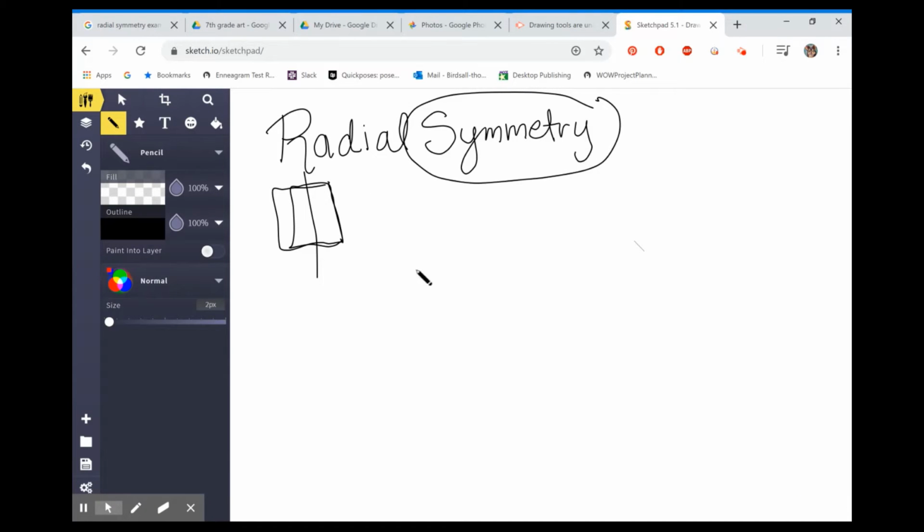When I talk about radiate, like the sun radiates sun rays, it is coming from the center and going from the inside out. So if we have a circle and it radiates out, it would be the same.